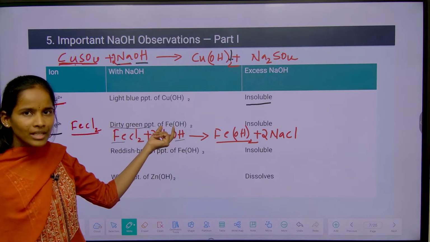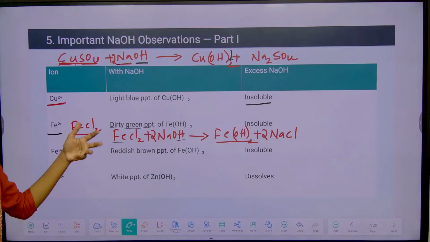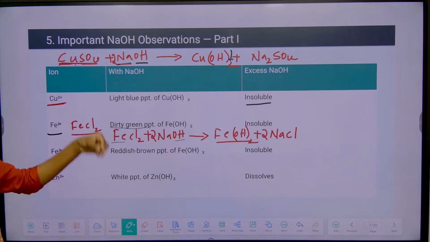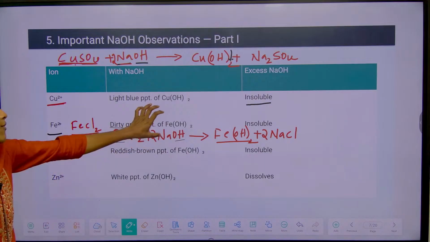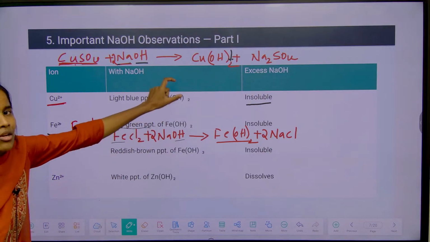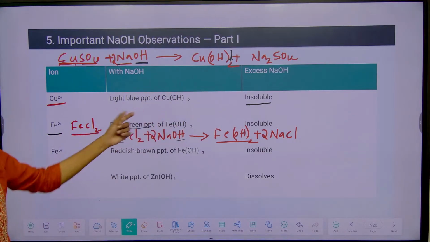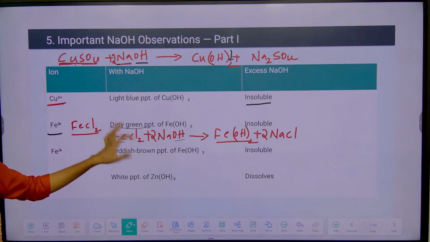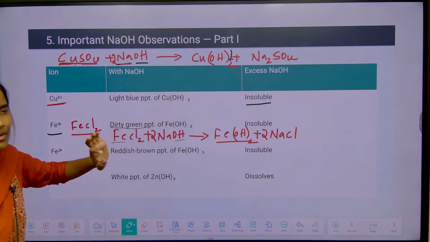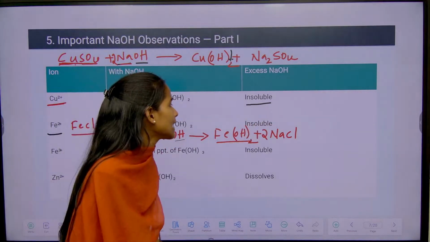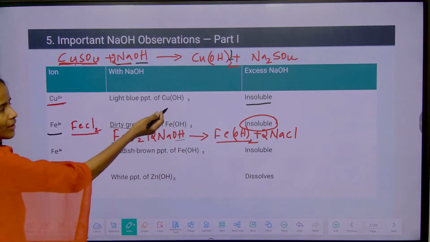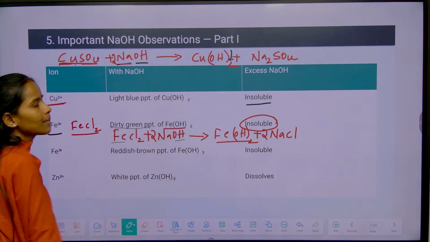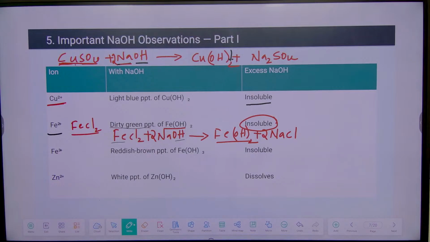After formation of this precipitate, our common procedure is to add some excess NaOH to check whether the formed precipitate is soluble in excess alkali or not. We add excess NaOH, and it is insoluble. The ferrous hydroxide is insoluble in NaOH.